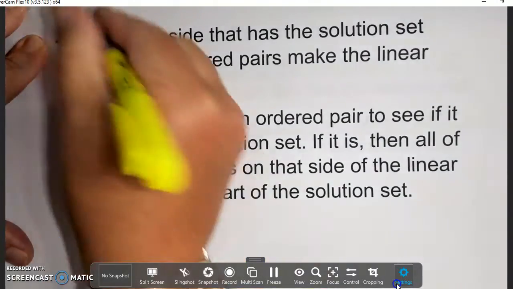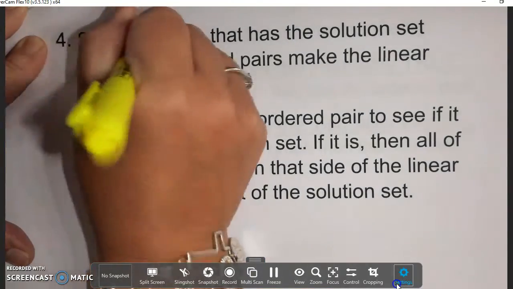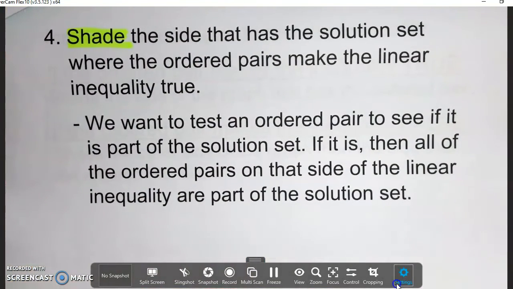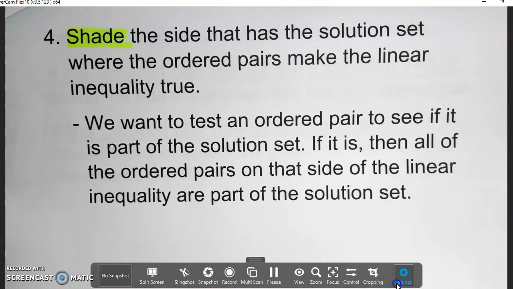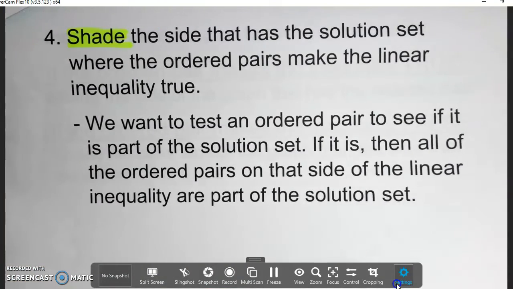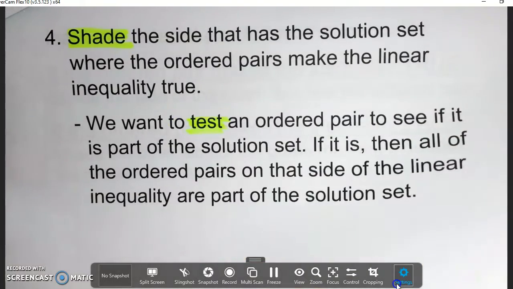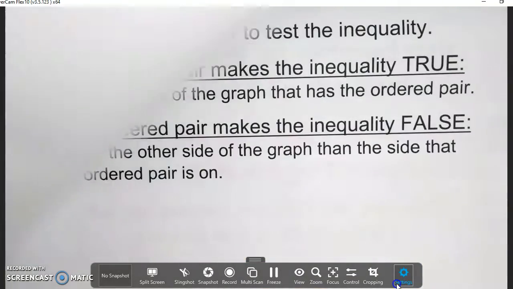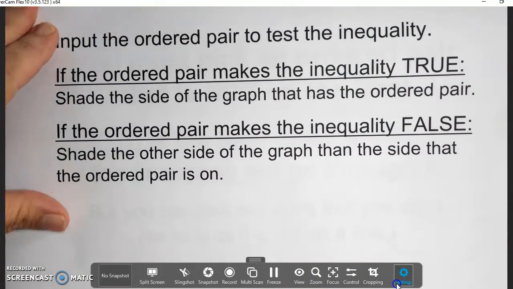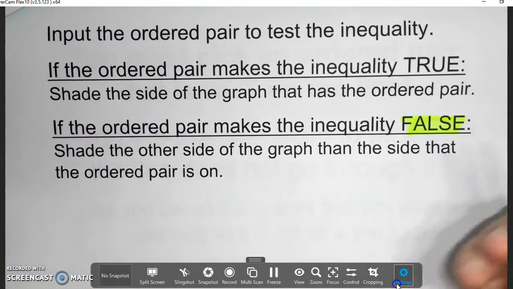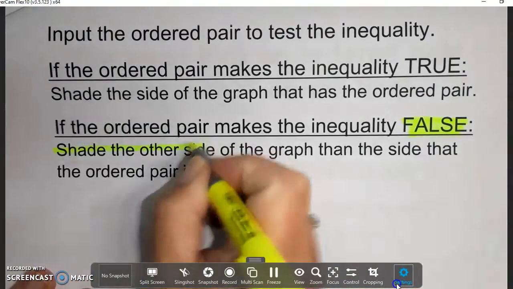Then you're going to shade the side that has a solution set, where an ordered pair makes the inequality true. You're going to find out if it's true by doing a test. You're going to choose an ordered pair and do a test. If it's false, shade the other side.